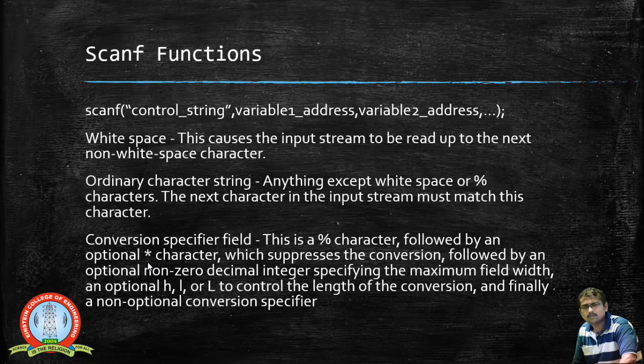And similarly, you have some optional fields where we specify the field width also. It can be specified, and you can also specify the type of the conversion, whether it is a short int or a long int. That depends upon this h, l or L, whatever you mention there.